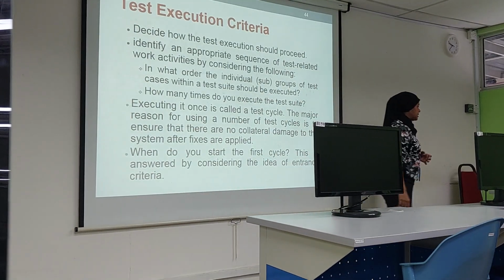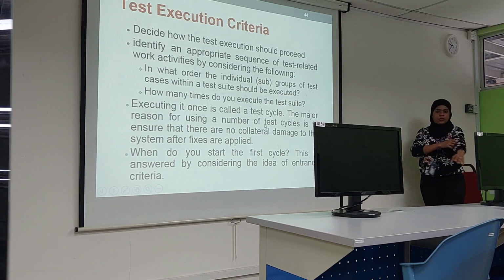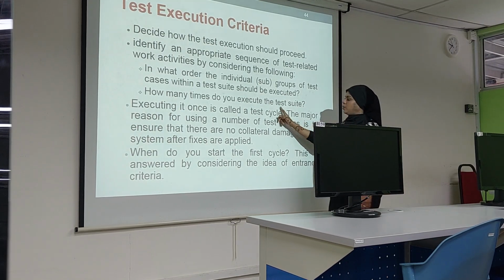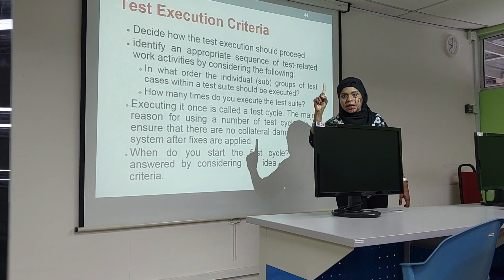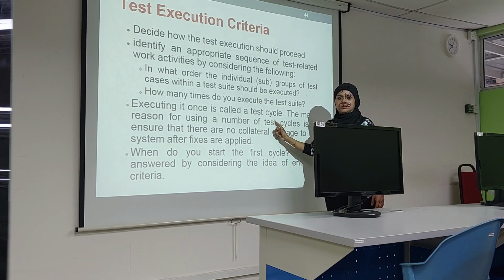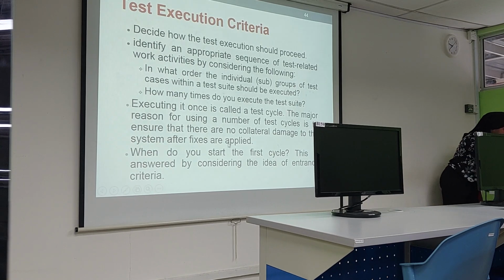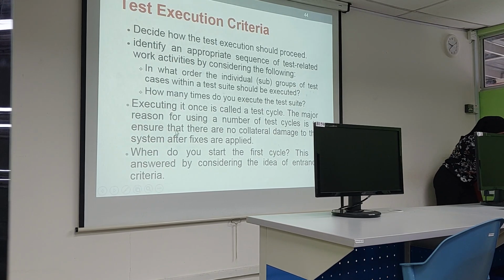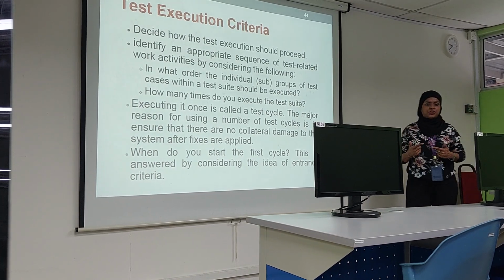Okay? Executing once is called a test cycle. So like what I've mentioned just now, when we execute all the test cases one time, it means we complete one test cycle. Okay? So the major reason for using a number of test cycles is whenever we want to do a confirmation.